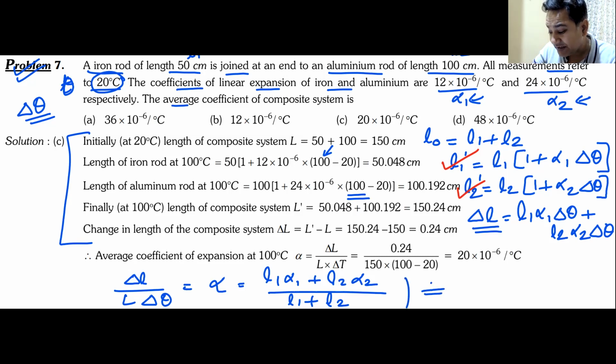And at the final stage, when you get the answer, you put the values, get your answer, and you stay happy. Everyone understood this question? Have you noted down this question in terms of L1, L2, alpha 1, alpha 2? And you have solved it, yes or no? Okay.